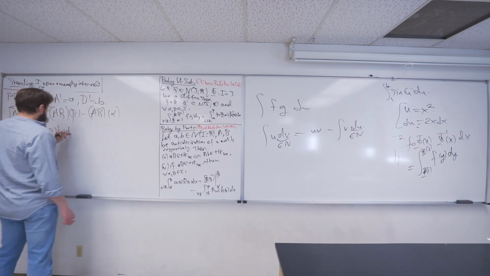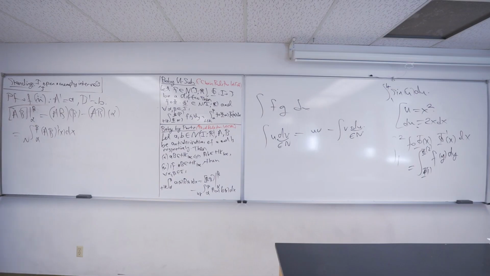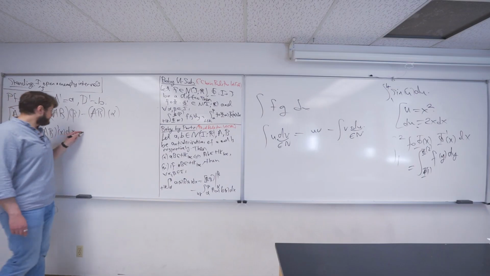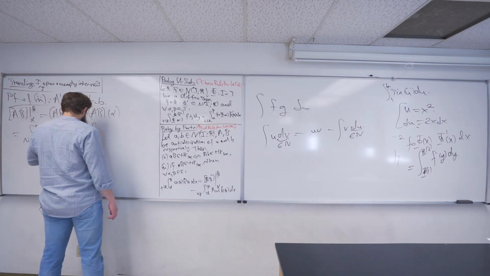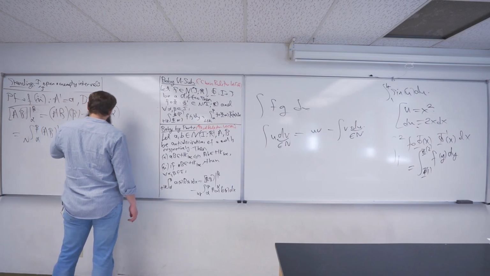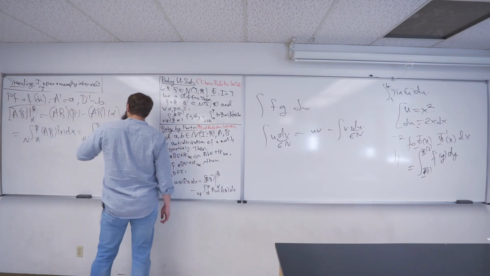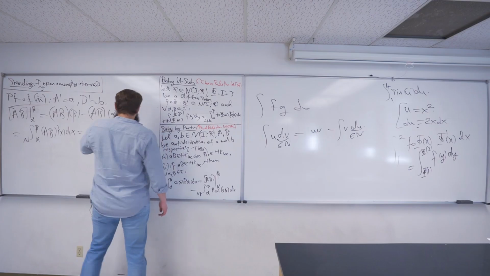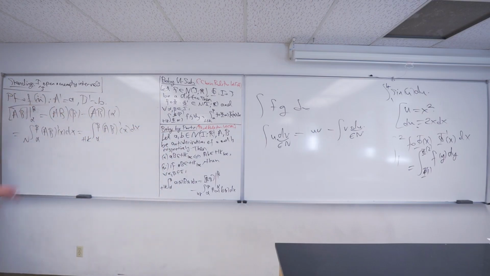By definition. But then by FTC1, I know that instead of N, I can replace it by HK. And then expanding this product rule gives me what I need.